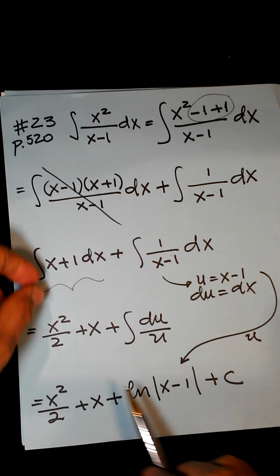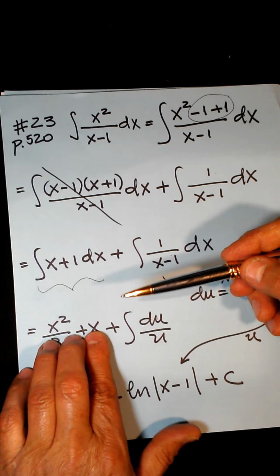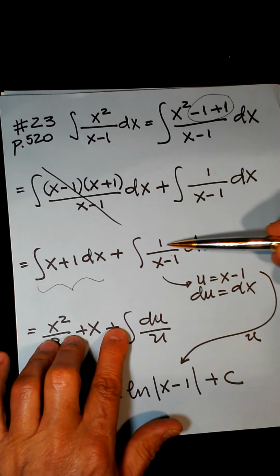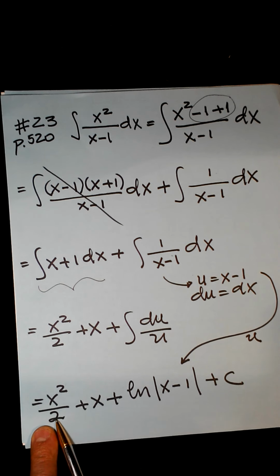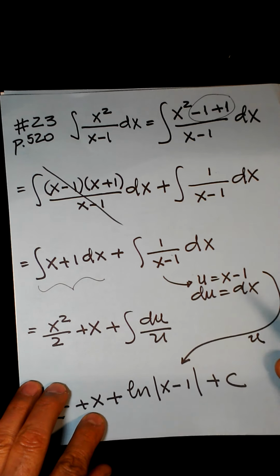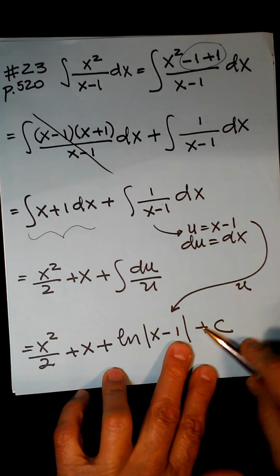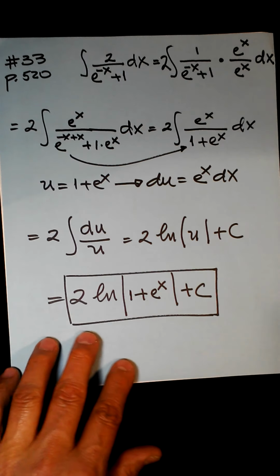Well, x integrates to x squared over 2. Number 1 integrates to x, plus du over u, which is log natural. So the final answer: x squared divided by 2 plus x plus log natural of absolute x minus 1 plus c. You can follow through, and you're going to see that that is the correct answer.